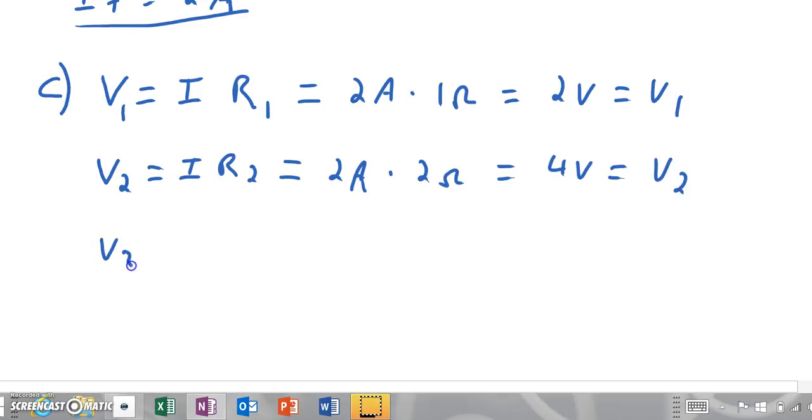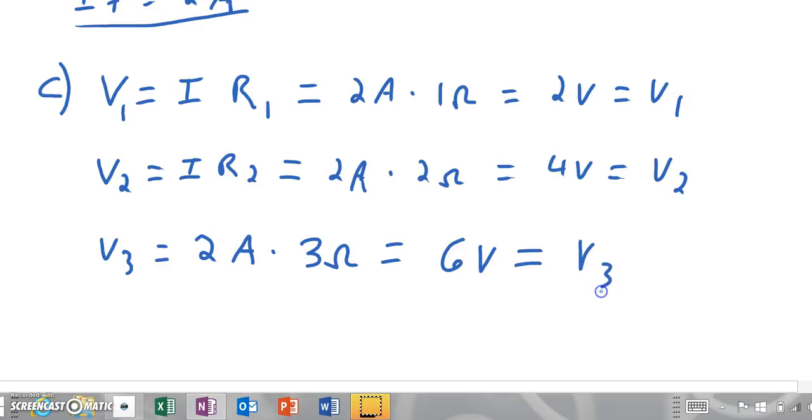Likewise, for V3, we have 2 amps multiplied by 3 ohms, for a total of 6 volts across R3.